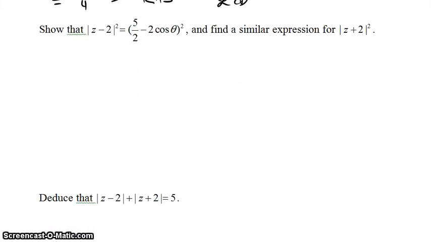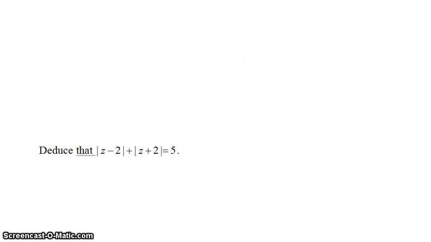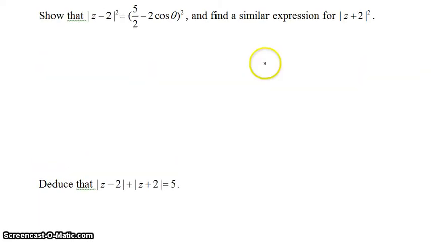So the next part, show that modulus z minus 2 is equal to 5 over 2 minus 2 cosine theta, whole thing squared. Find a similar expression for z plus 2.